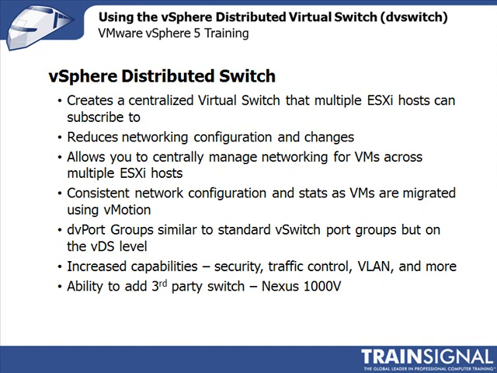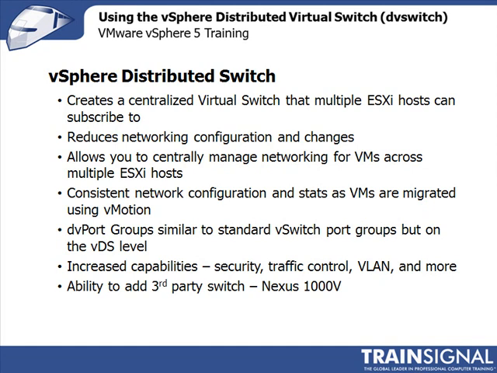Now, the whole idea of virtualization is that we want to make things easier, and as we move towards virtualization in a complete fashion, we want the ability to have centralized management. We don't want to have to go to each ESX host to make these configuration changes individually. So what the vNetwork Distributed Switch brings to the table is a centralized virtual switch that can span multiple ESX hosts.